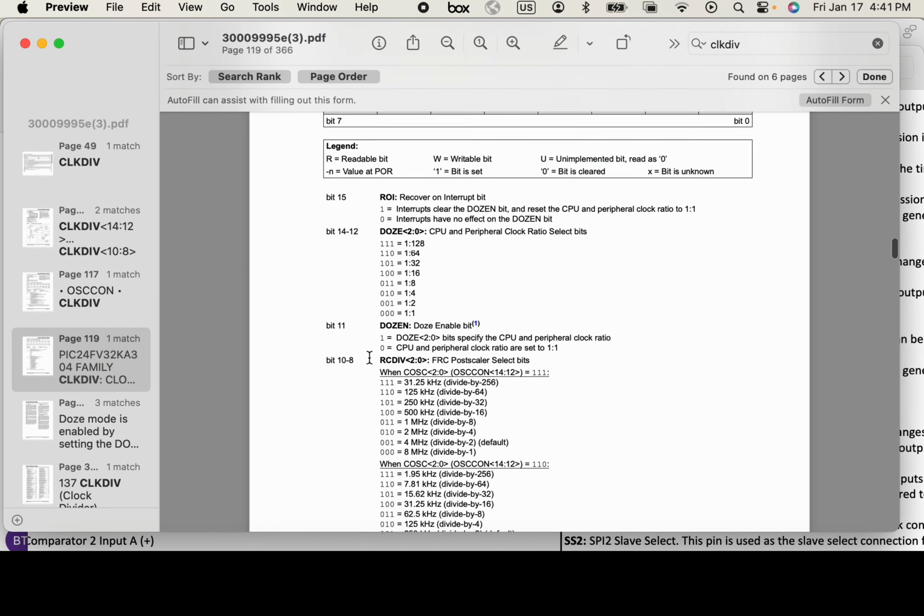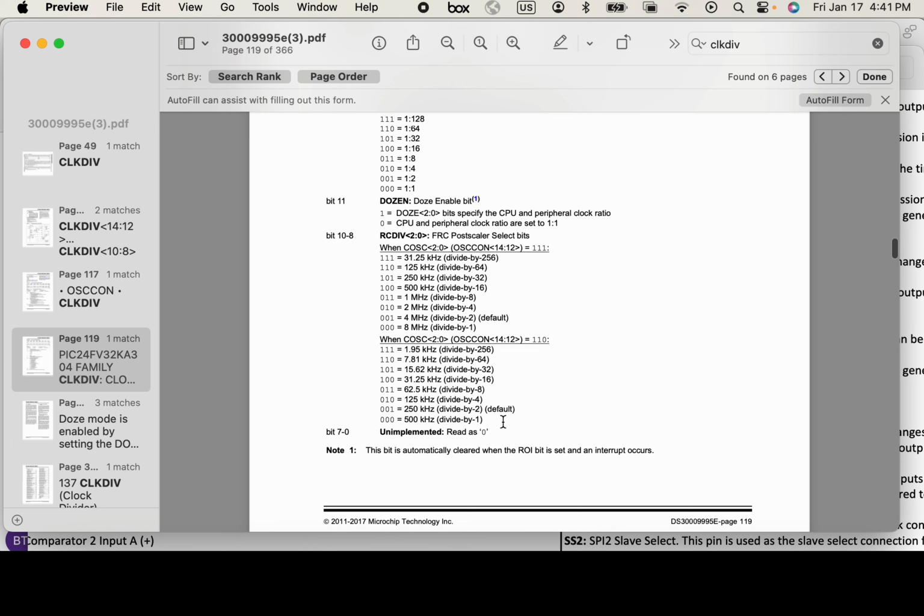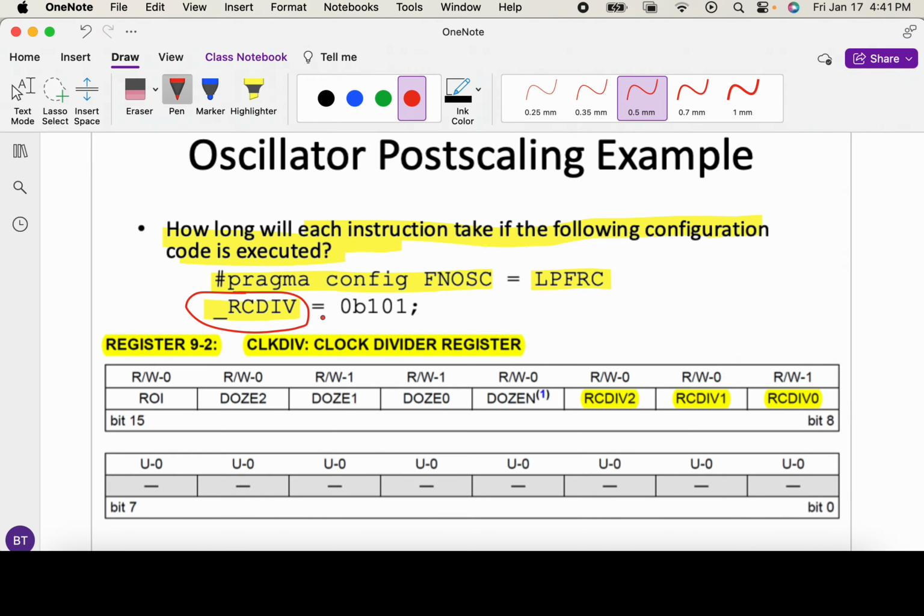We go down here. Here's the 500 kilohertz option. 101 is a divide by 32 postscaler. So that's going to slow down our oscillator speed by a factor of 32. So we go 500 kilohertz divided by 32. That gives us 15.62 kilohertz. Okay.